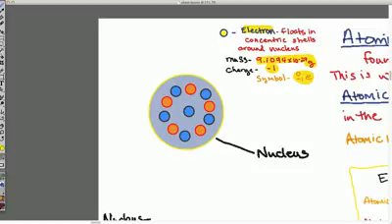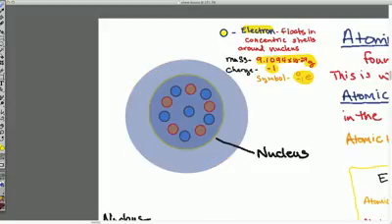So what happens here is we have the protons and the neutrons in the nucleus, but the electrons are in these spherical orbit patterns, if you will.